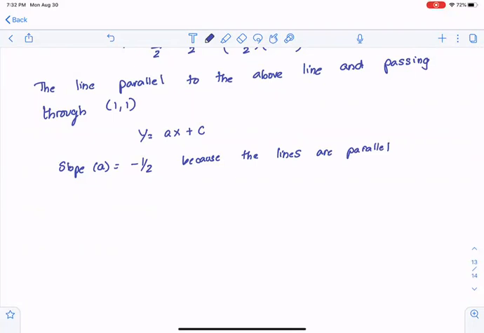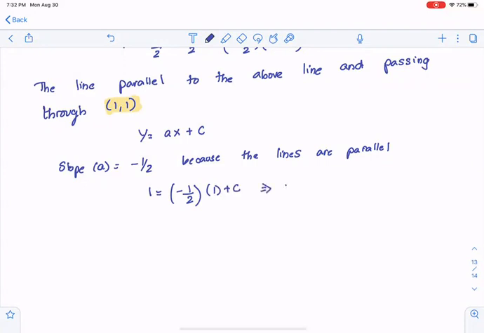Now, how do we find c? We know the slope, and we know the second line passes through 1, 1. So I'm just going to take this point and plug it in. So 1 is equal to -1/2, for a, multiplied by 1 plus c.